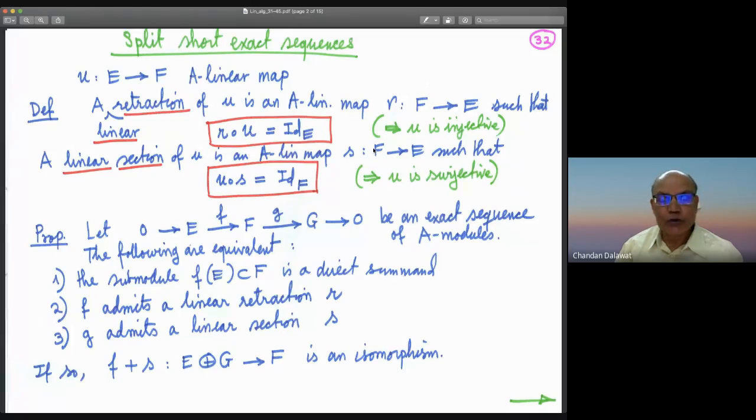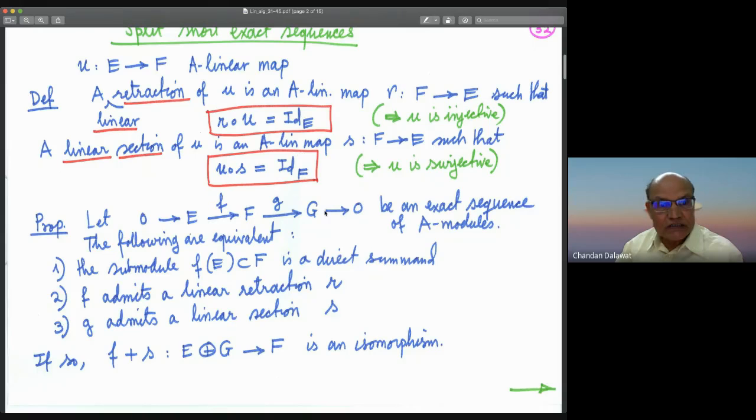I mean, you know that maps can have a left inverse without being bijective, right? Or they can have a right inverse. But here, what is required is that this left inverse and the right inverse should be linear maps. That's why we are calling them linear retractions and linear sections.